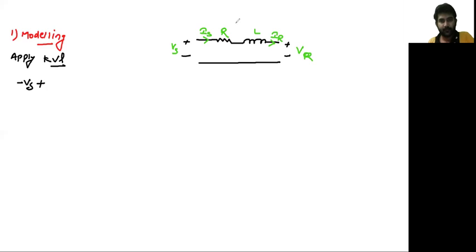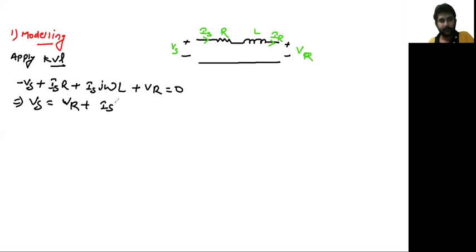Just keep that in mind, and we will apply the KVL here. We get minus Vs plus Is R plus Is j omega L plus VR equal to 0. So we get Vs equal to VR plus Is (R plus j omega L).